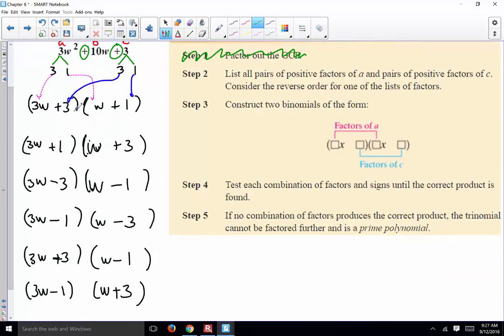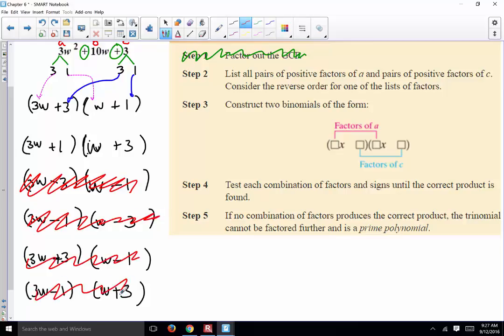Perfect. If these two numbers are positive, what do you say about the others? False. False. False. How many options do you have? You're down to 2 options. Does it make sense what I did? Is it clear?